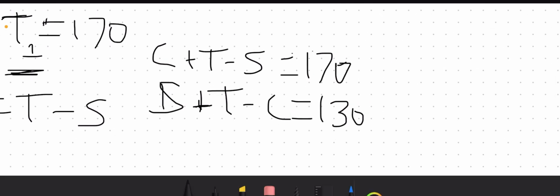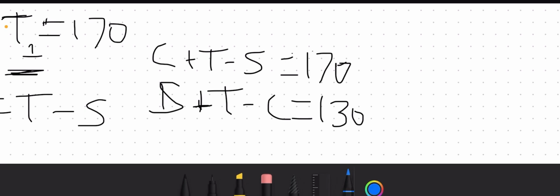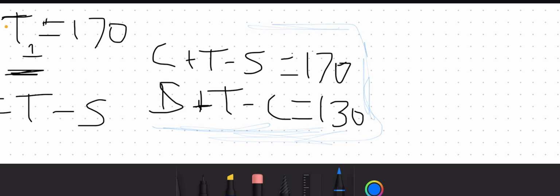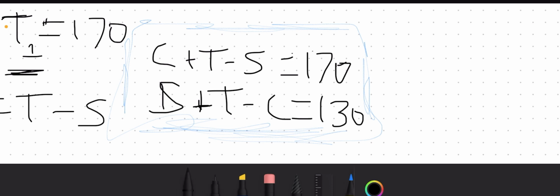And so me making these two equations right here, I'm just going to put a box around it, because this modeling pretty much just made this a lot easier to solve. Now what we're actually going to do is subtract these equations from each other.